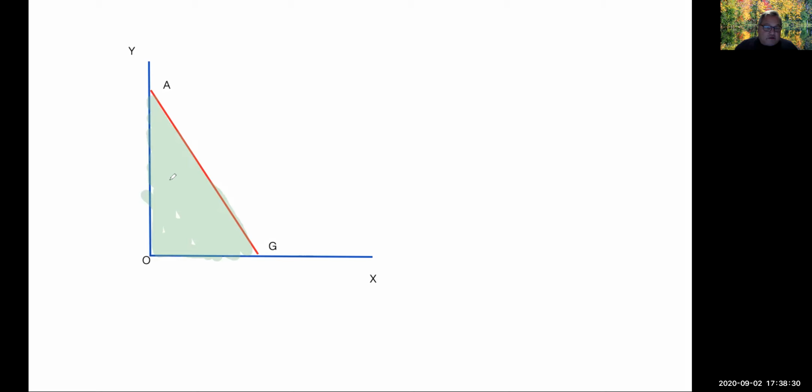So these are all attainable resources. These are all good. And points that are beyond that red line are points that are not attainable. Can't get them. Okay.